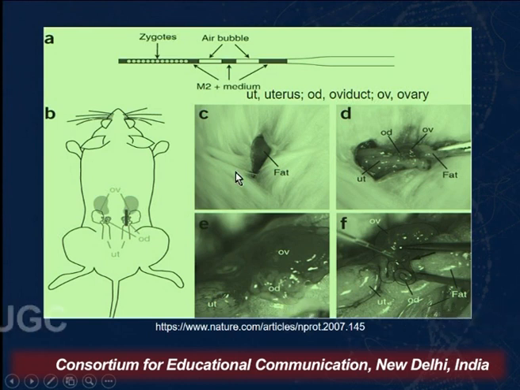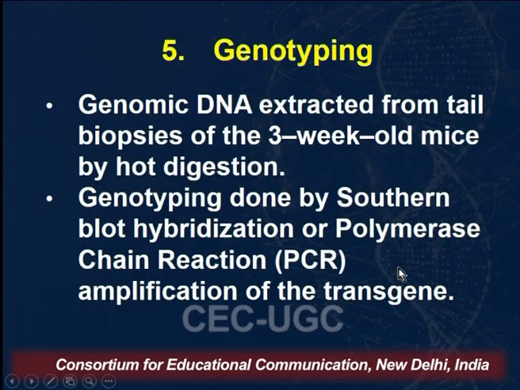Then simply these fertilized eggs are microsurgically introduced into the oviduct, into the uterus. So, they are implanted in here, and then they are left to develop. Then it is sewn up. So, surgery is done, and this is how the fertilized egg carrying our gene of interest, the transgene, is re-implanted into the foster mother. So, that is how it is done.